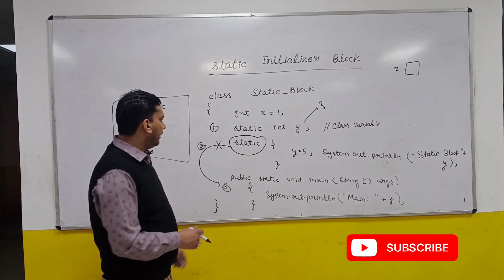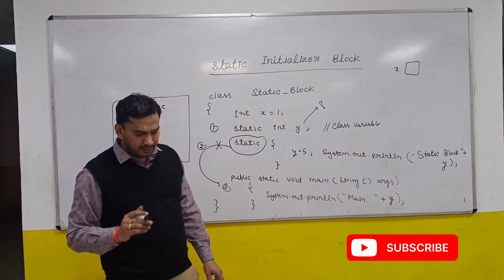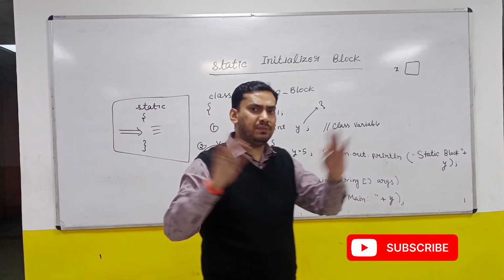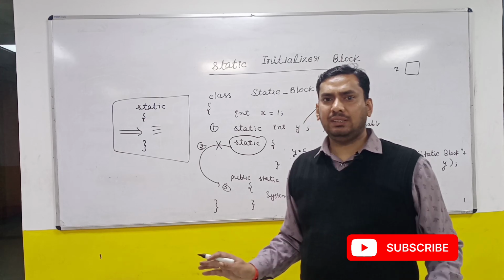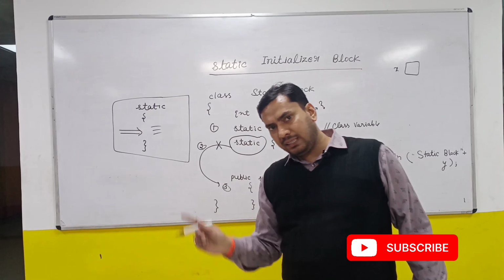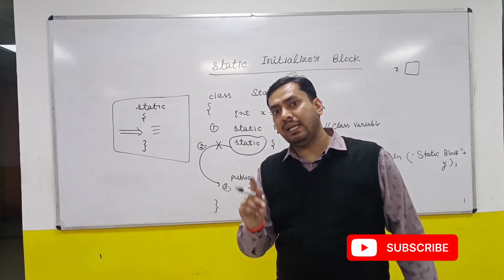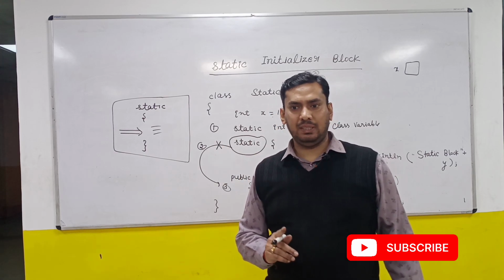The second aspect is a property of the static block, and of any static function, any block which is declared static. From a static block, you cannot access the non-static member of your class.